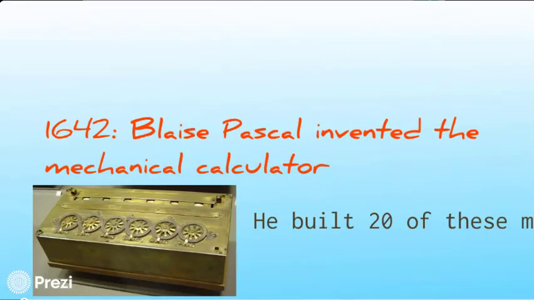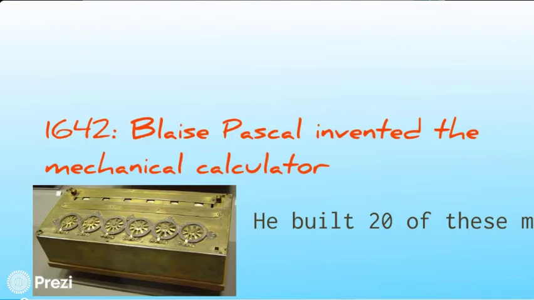Next, in 1642, Blaise Pascal invented the mechanical calculator, which is also known as the arithmetic machine or Pascaline. It is a mechanical calculator from the mid 17th century, where Pascal was led to develop this calculator by the laborious arithmetical calculations required by his father's work as the supervisor of taxes in their place.